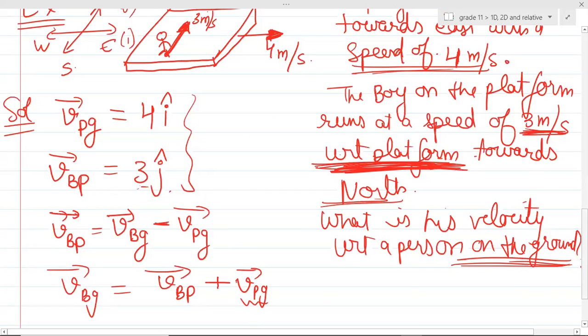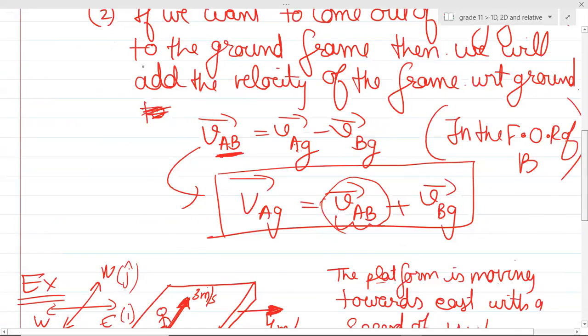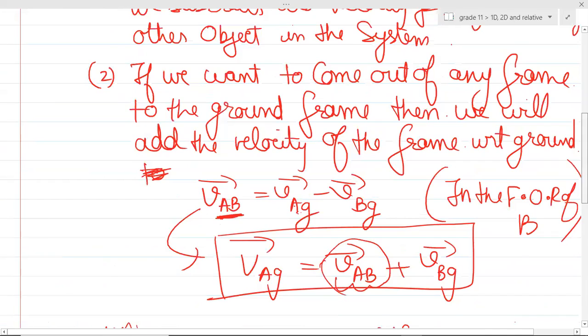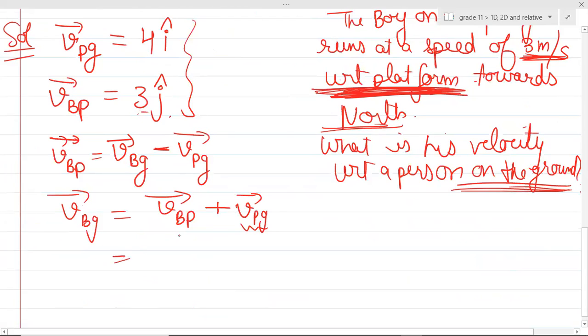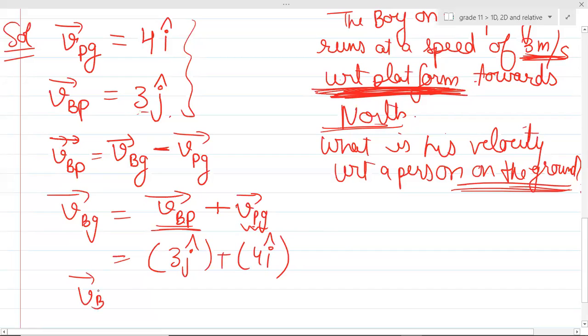So basically that is what is meant by the second concept which we wrote over here. Is this clear? So now VBP will be equal to 3 J cap, plus this will be equal to 4 I cap. So what is the velocity of boy with respect to ground? It will be 4 I cap plus 3 J cap.